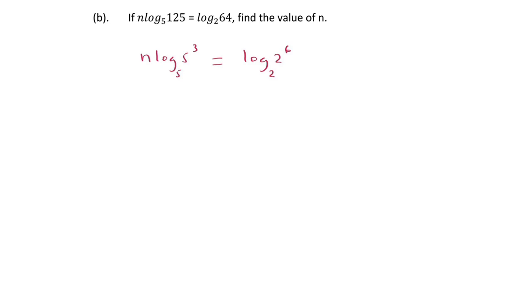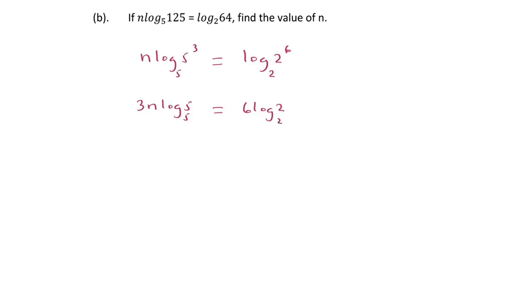Okay, so next we are going to apply the exponential rule of logarithm. Then our equation is going to be 3n log 5 base 5 equals to 6 log 2 base 2.